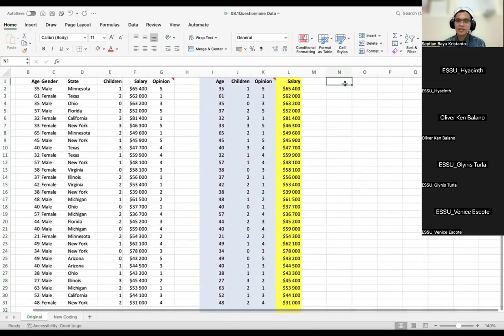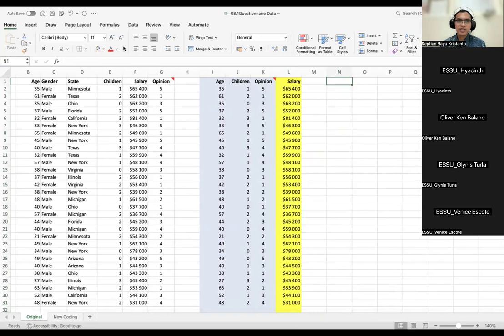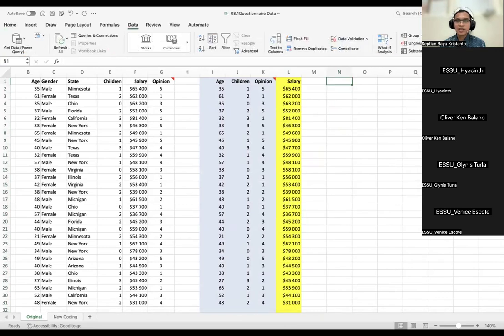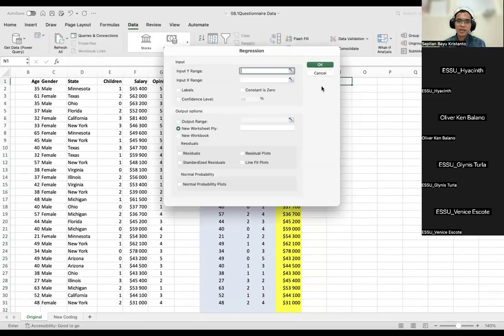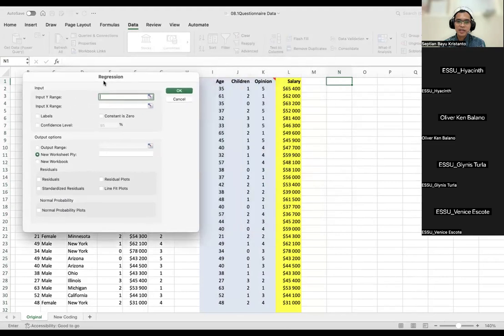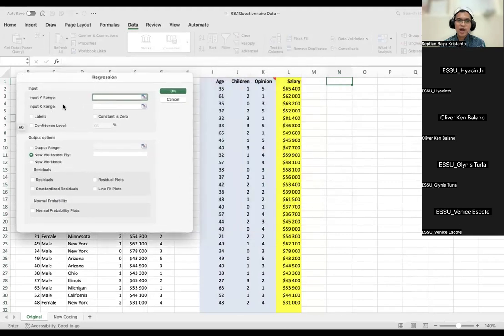In this case, we can do the data analysis using regression. Please choose regression analysis from data analysis. You can input your y-axis like this one, the salary.